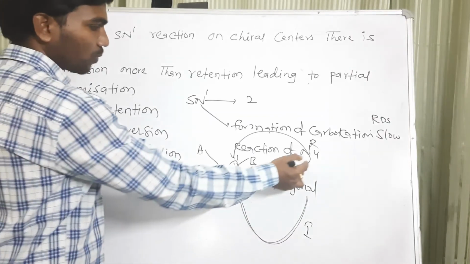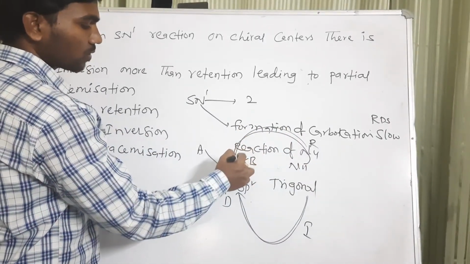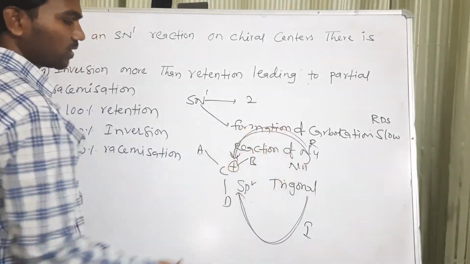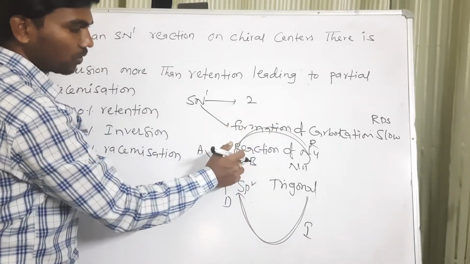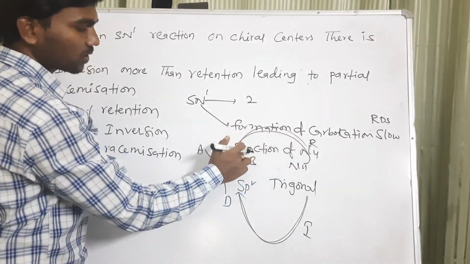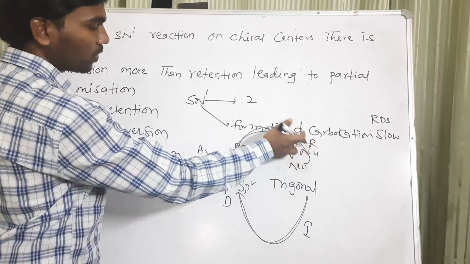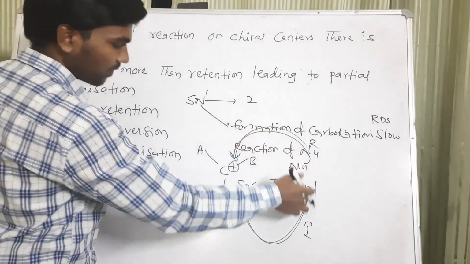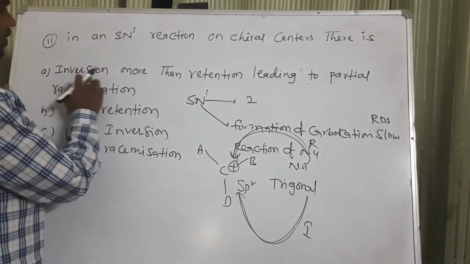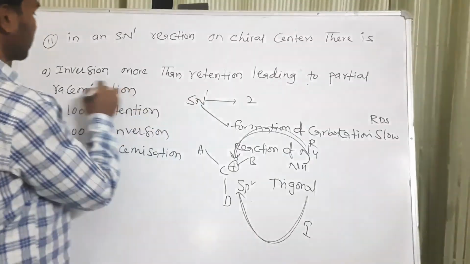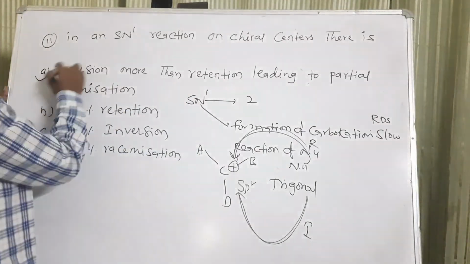Why? Because when it approaches from this direction, shielding of carbon will be more, so the degree of shielding is more. So it will approach this direction less compared with the other direction. So that's why inversion is more than retention. So that's why the option is this.